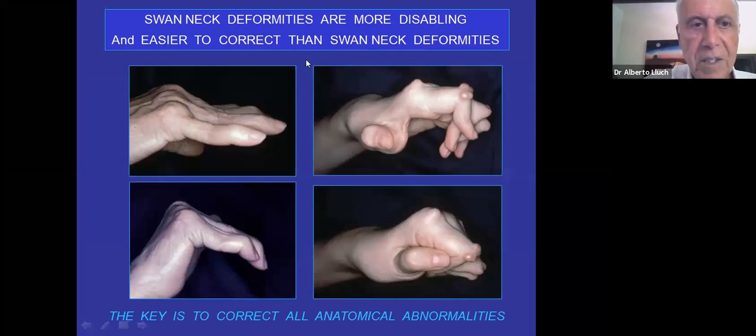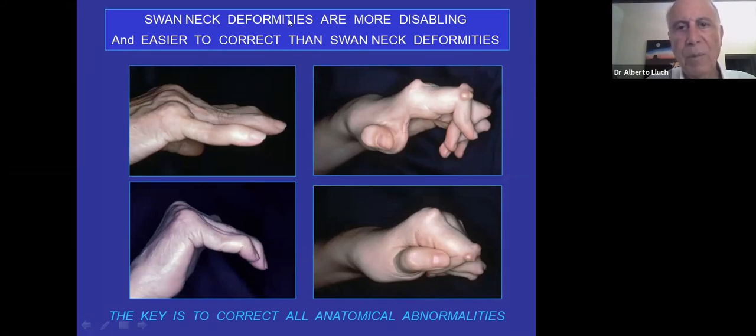We're getting towards the end. Swan neck deformities are more disabling, like here, because the patient cannot hold practically anything, than boutonniere deformities, but they are easier to correct. I'm sorry, I mean boutonniere deformities instead of swan neck.